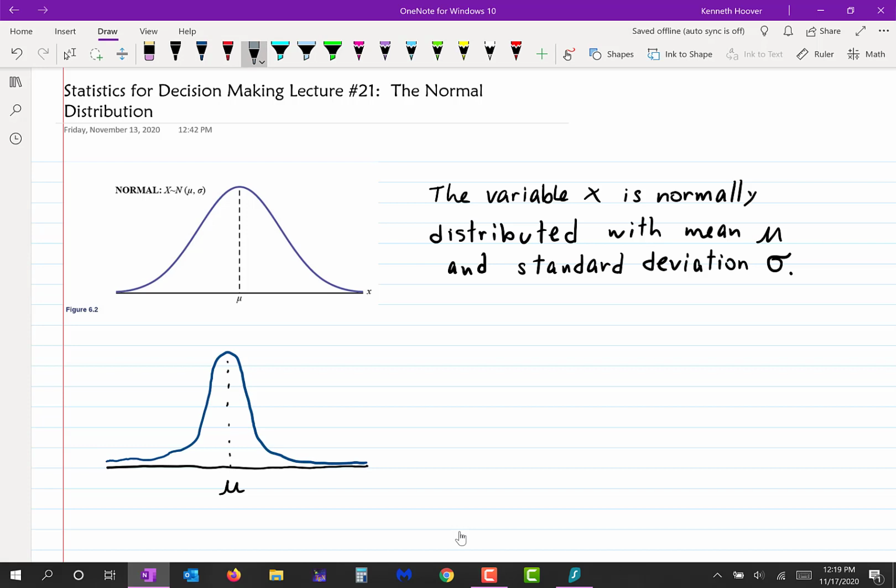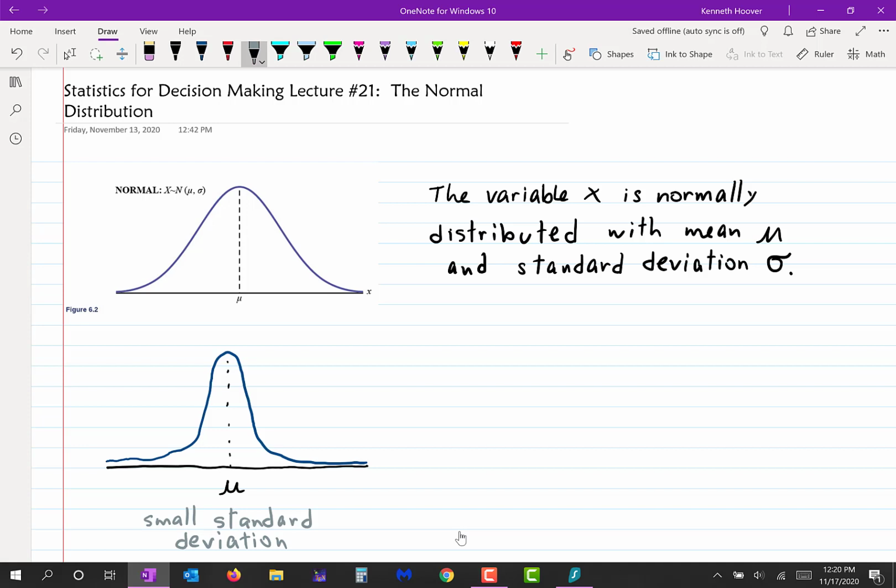Okay, that's if you have a small standard deviation.